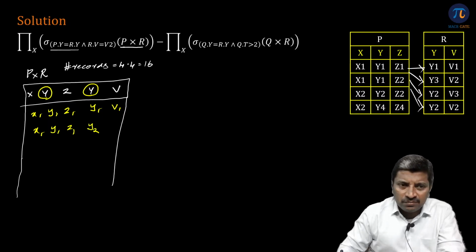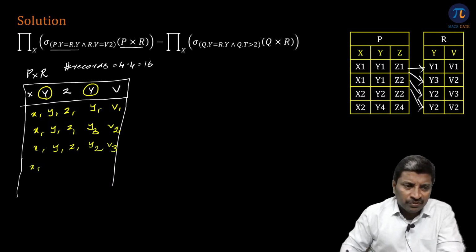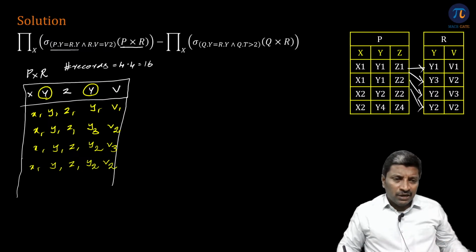Z1, Y3, V2. X1, Z1, Y2, V3. X1, Y1, Z1, Y2, V2. Fine, sir. Now look at this.